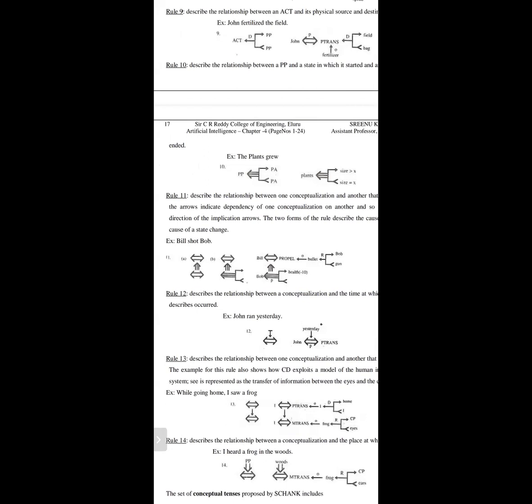Change of state means Bob, triple line arrow. Next here P. P means past tense. Next health. Health minus 10. Like that.